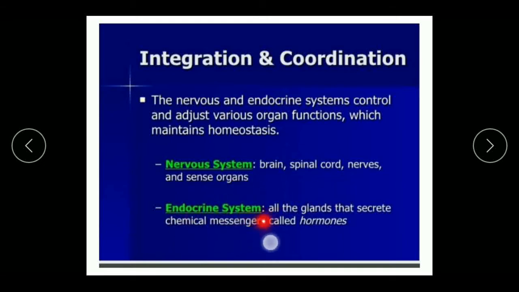Next, the endocrine system: all the glands that secrete chemical messengers, called hormones.